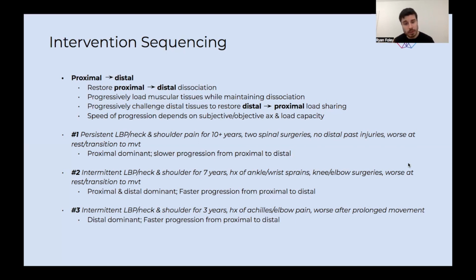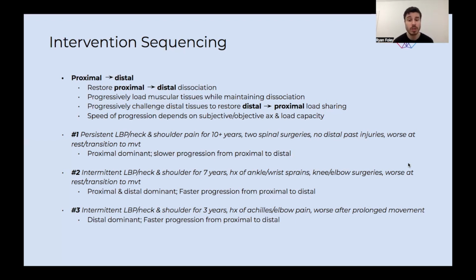Okay, there's also greater levels of pain at rest and during that transition from rest to movement, and this reflects that the motor system isn't able to reduce that protective muscle activity, that protective guarding around those proximal tissues at rest. And this obviously represents a mismatch in the strategy being used based on the demands of the task. We're just resting.